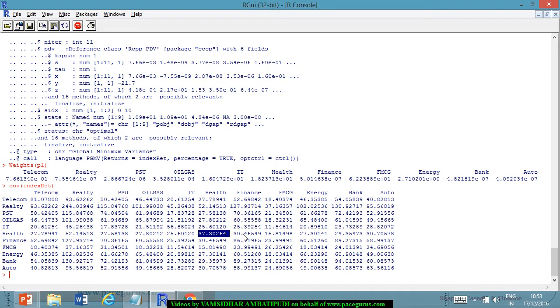Right, and if I really want the overall variance of this particular portfolio, I can compute the transpose of these weights.